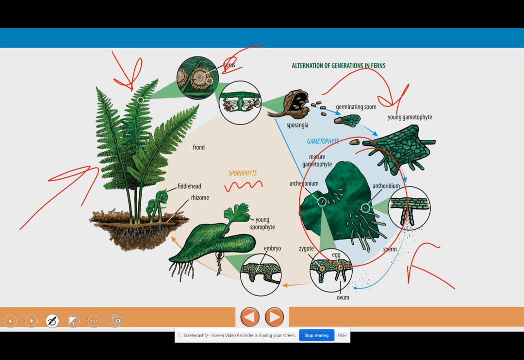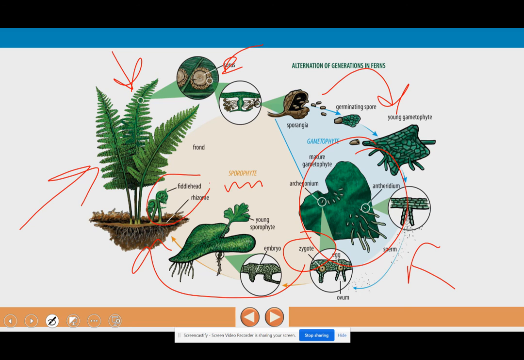So the sporangia releases the spores. The spores germinate and grow into this little prothallus. You have two areas on the prothallus to produce the sperm and the egg. And of course, you know the story. Sperm has to fertilize egg, and that becomes the zygote. And then that zygote will end up growing into your fern.